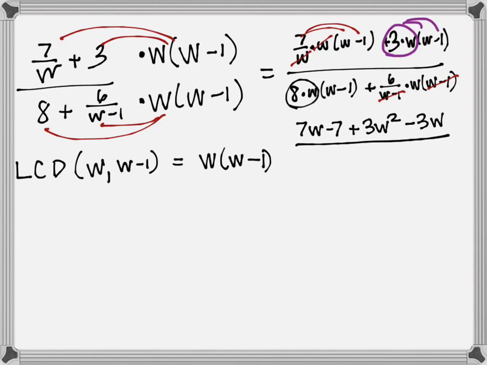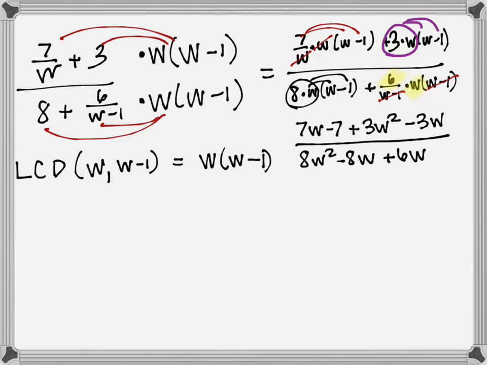I have 8W to distribute through. So 8W times W is 8W squared. 8W times negative 1 would be negative 8W. And then here I have remaining a 6 and a W, so I just have 6W.